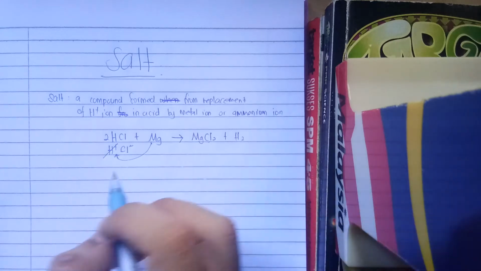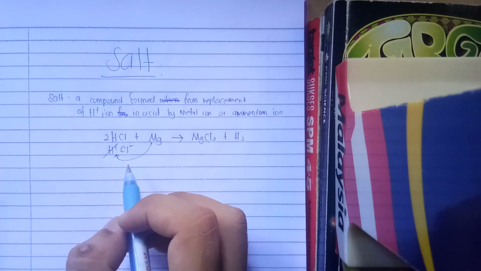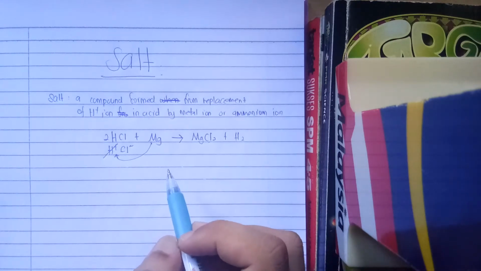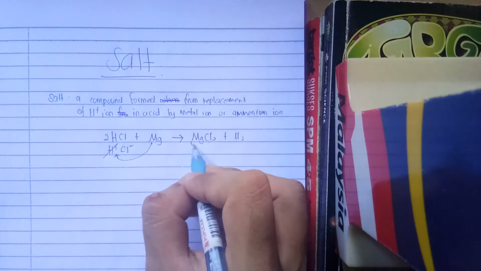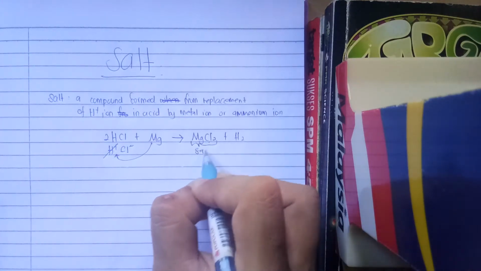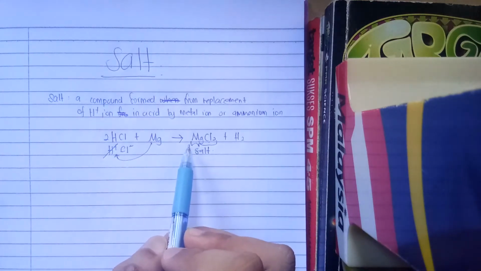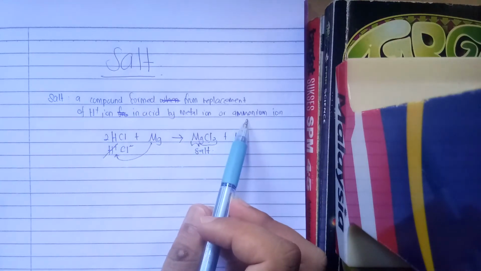So actually if we go a little bit into detail about this reaction, you can see that H plus is already replaced by metal ion. So once the H plus is replaced by metal ion, it will form a new product. We call this one salt. This is the definition of salt. You substitute H plus from acid by a metal ion or ammonium ion.